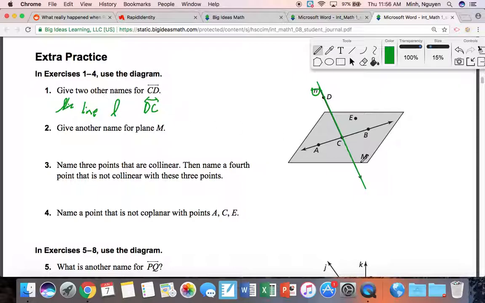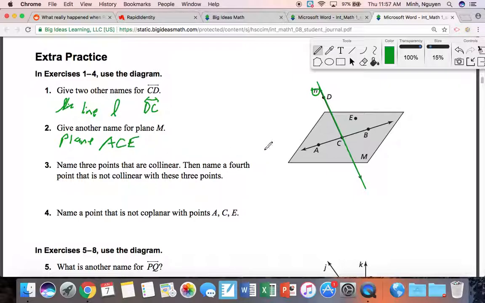Give another name for plane M. You could call it plane ABE. Sure. Plane ABE or ACE or BCE. I'll just call it ACE.